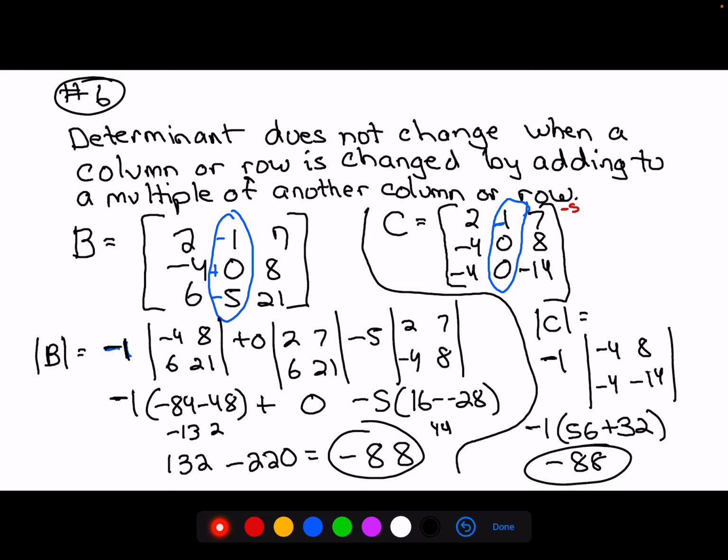I used the second column again only because I liked using the zeros. But you could find your determinant any way you want, and it's going to come out the same. You can use row 1, you could use column 3, whichever row or column you want. You don't have to use the same row or column as you did in the first computation. It's still finding the determinant, so that's still going to get you the same result.